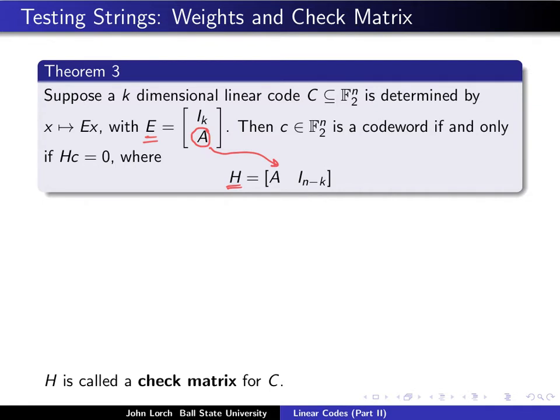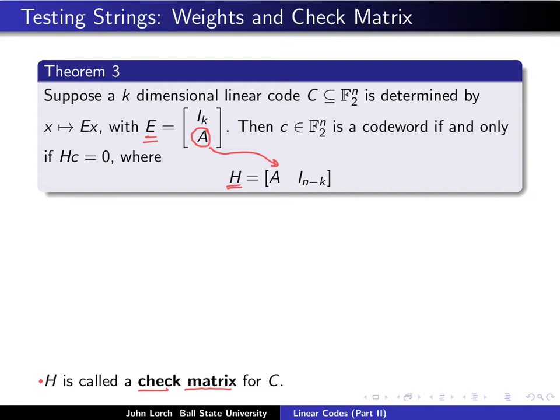So this is a neat theorem. It tells us a very simple way to determine whether a string is a code word. We just put it next to H and multiply. If the result is 0, we're golden. If the result is non-zero, then the string is not a code word. So for that reason, the matrix H in the theorem is called a check matrix for our code.